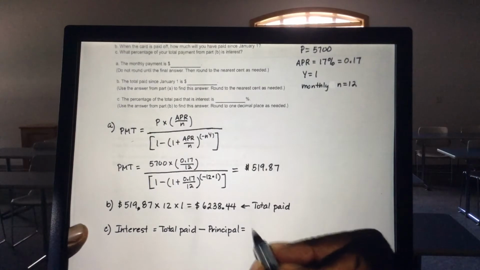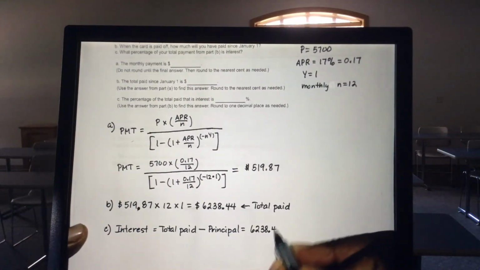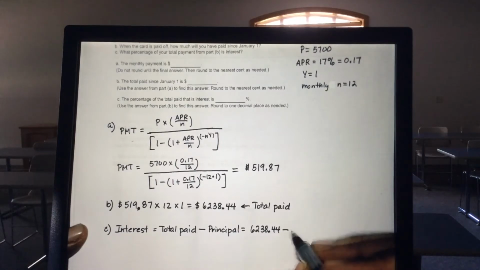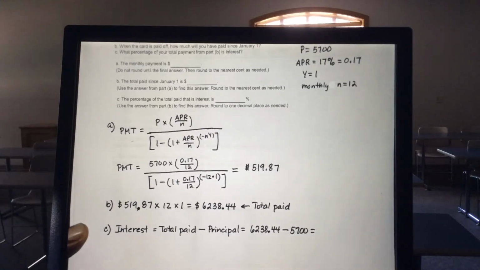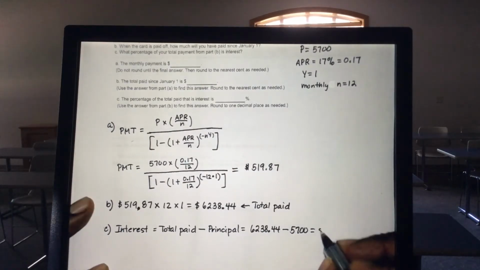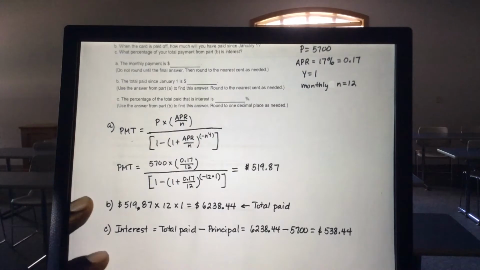So the total paid was $6,238.44 minus the principal of $5,700. And that would give us $538.44. That's the amount of interest that was paid over that 1 year period.